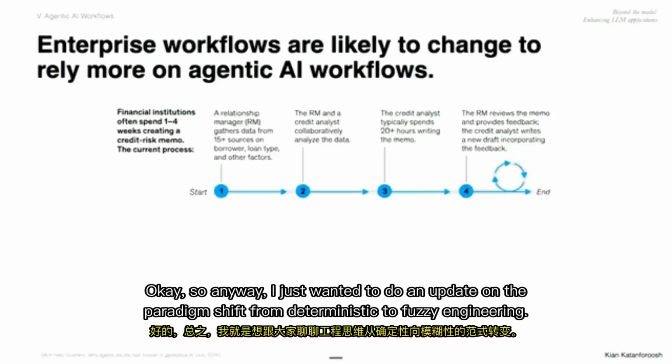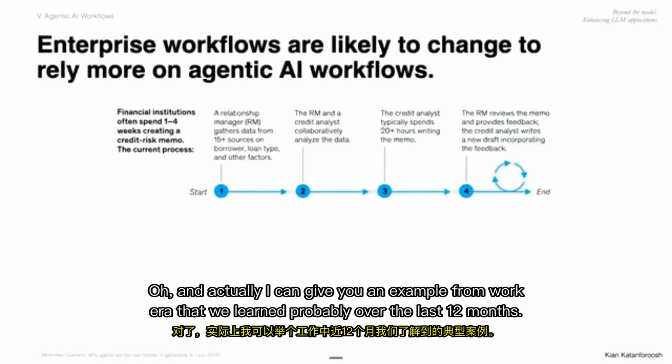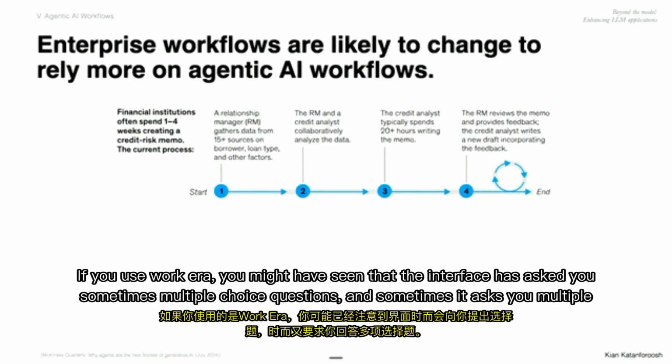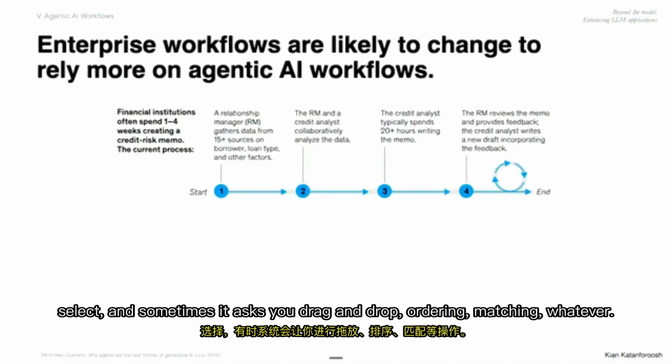Actually, I can give you an example from Workera that we learned over the last 12 months. If you've used Workera, you might have seen that the interface sometimes asks you multiple choice questions, sometimes multiple select, and sometimes drag and drop, ordering, matching, whatever.